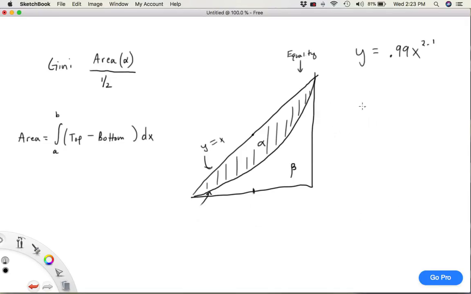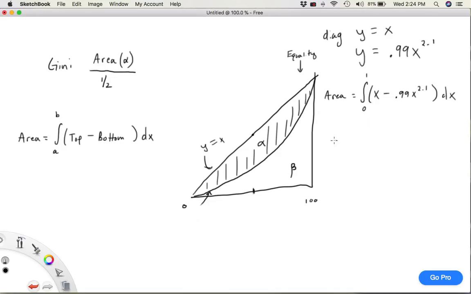Then the area between that curve and the diagonal y equals x is going to be the integral from 0 to 1, because we're going from 0 to 100% of the population, so that's from x equals 0 to x equals 1 of the top function, which is x, minus the bottom function, which is 0.99x to the 2.1.